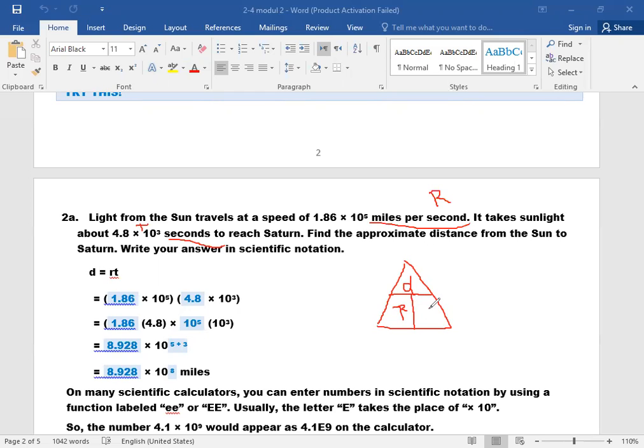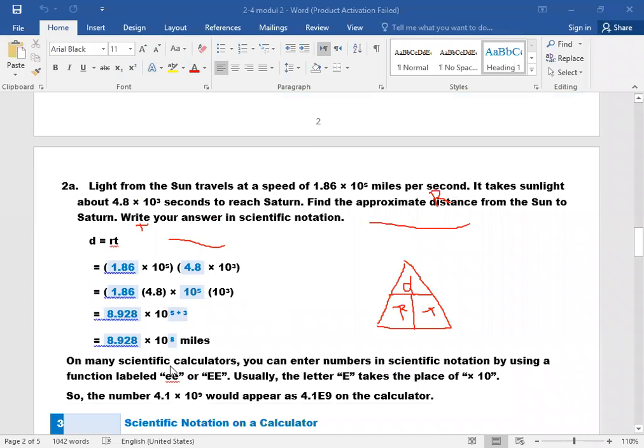And this one is the time. So if you are looking for the distance, it will be rate times time. If you are looking for the rate, it will be distance over time. If you are looking for the time, it will be distance divided by rate. Okay, let's go back to our lesson.